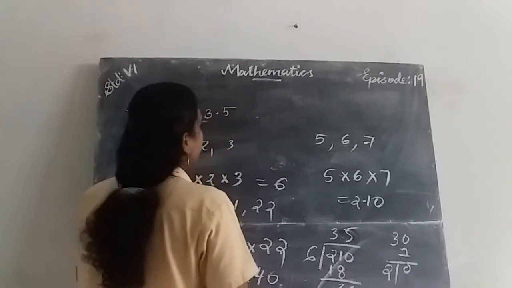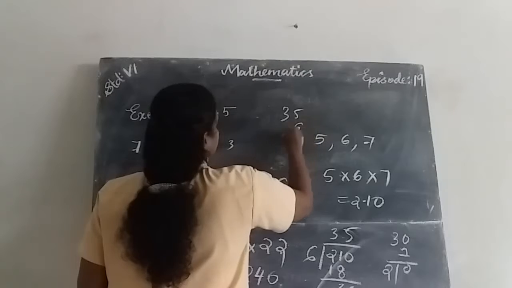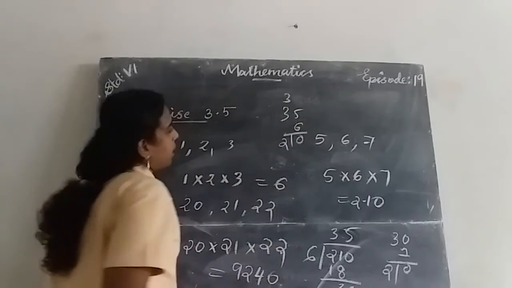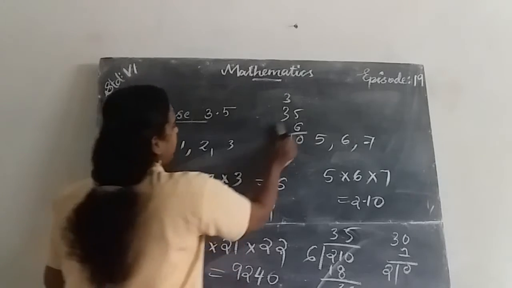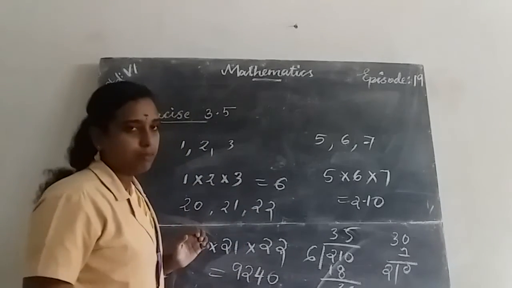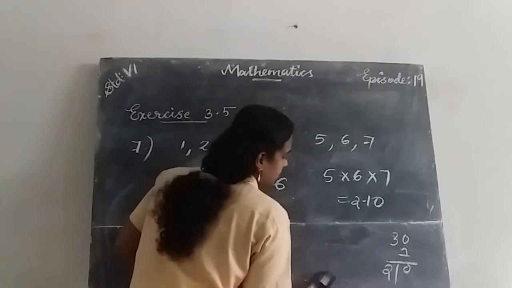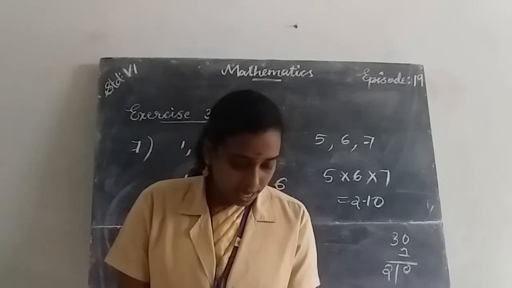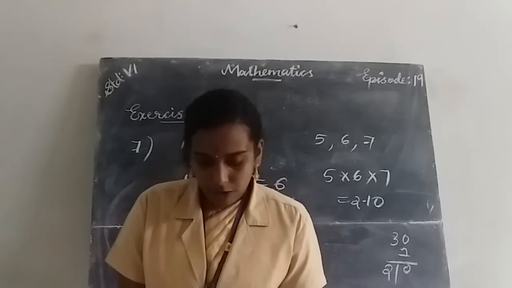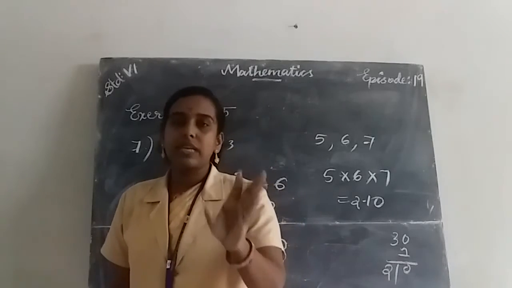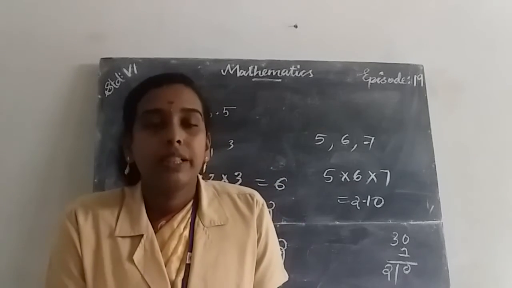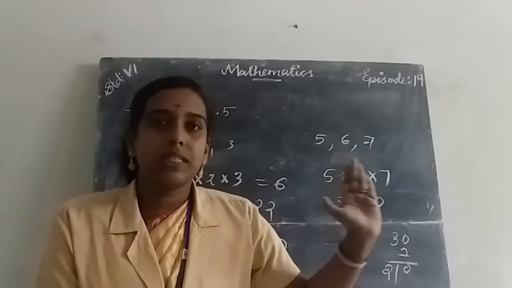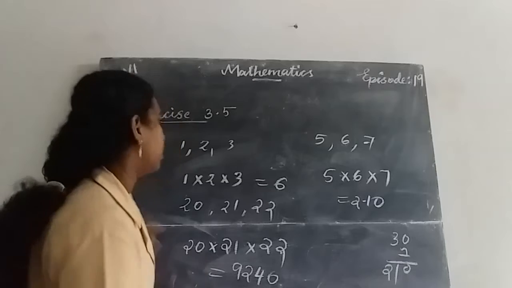That is 35 into 6 we get 210. Then we can say that 210 is divisible by 6. So the statement is true. So we can say that the product of any 3 consecutive numbers is always divisible by 6.